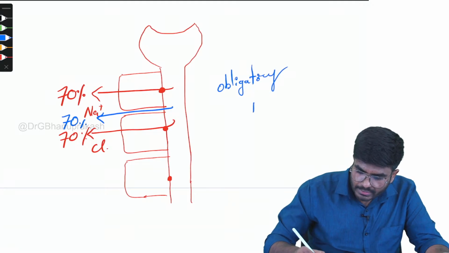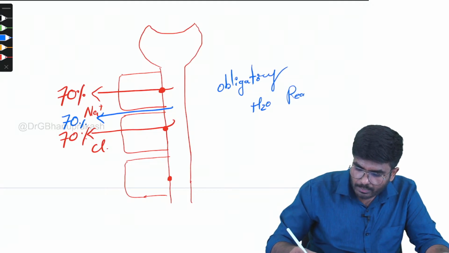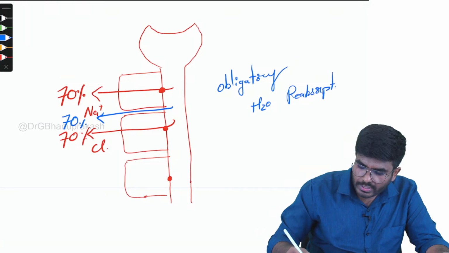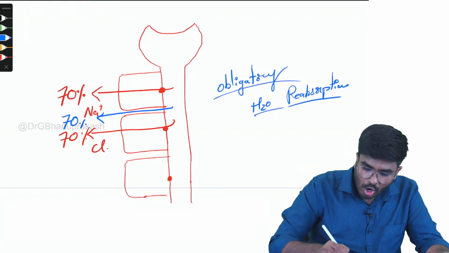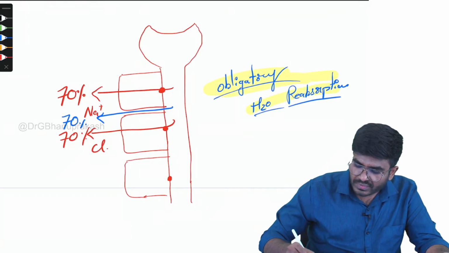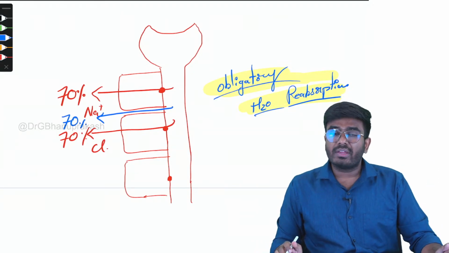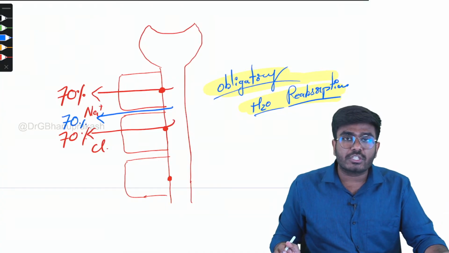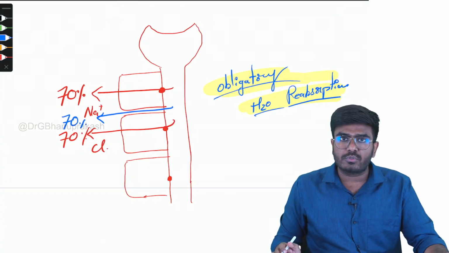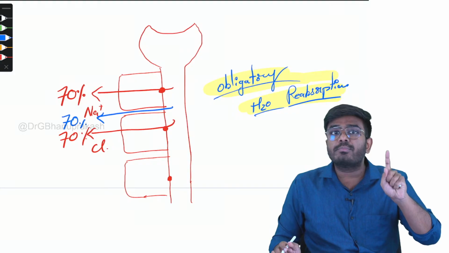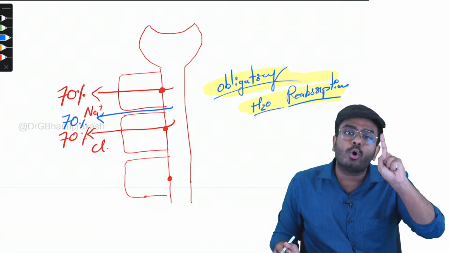Okay, obligatory water reabsorption. Now my question is, obligatory water reabsorption is happening in which part of the nephron? PCT, sir. Why? Because there is one more type of water reabsorption which is called facultative water reabsorption. Facultative water reabsorption is under the control of hormones.